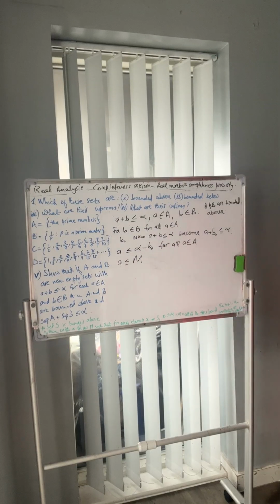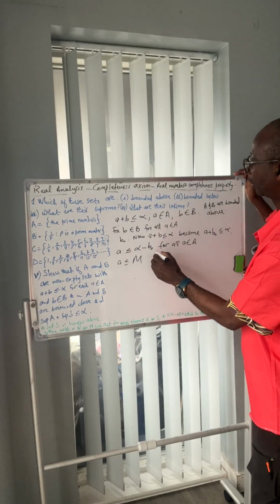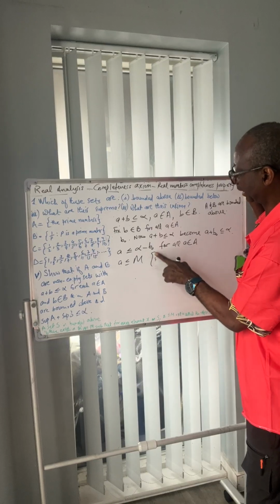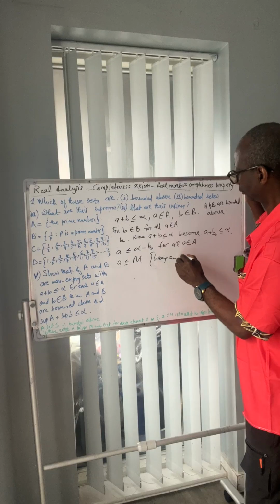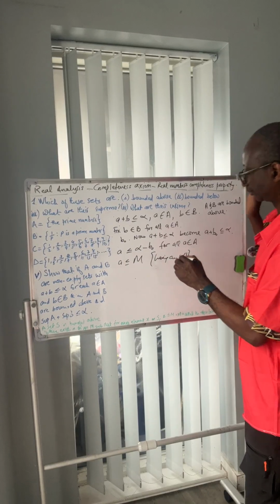What is this definition? This definition is the definition for a set having an upper bound. Let me just say upper bound like this.